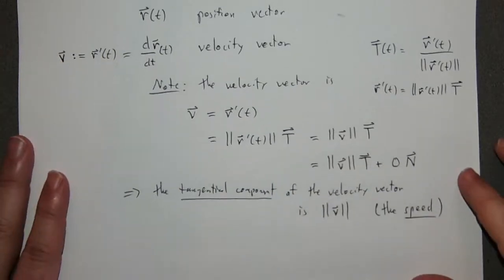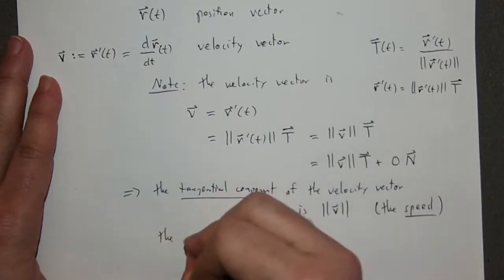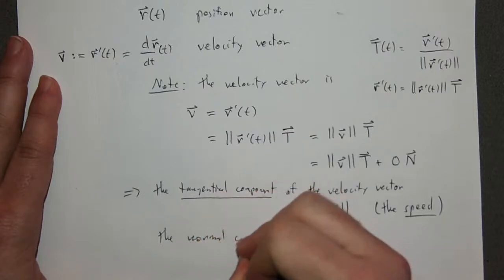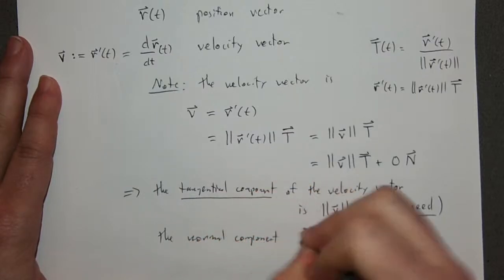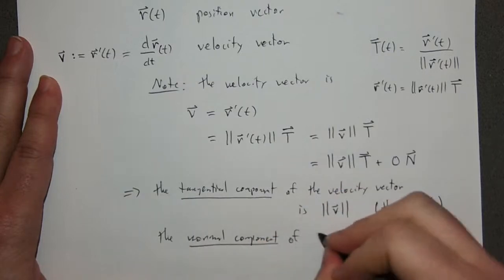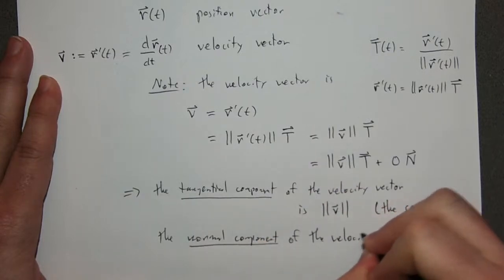While the normal component of the velocity vector is 0.